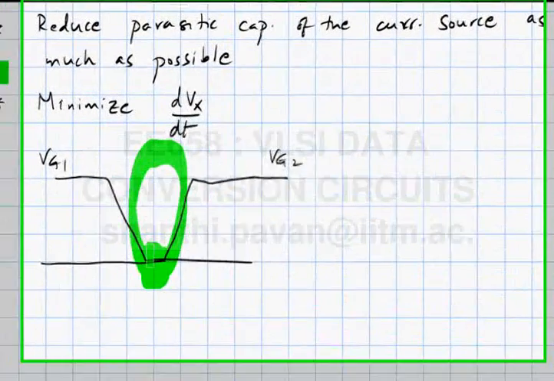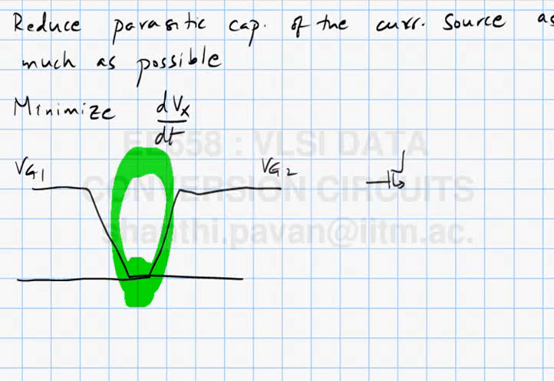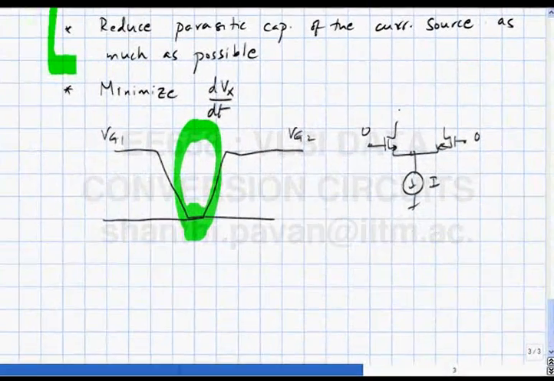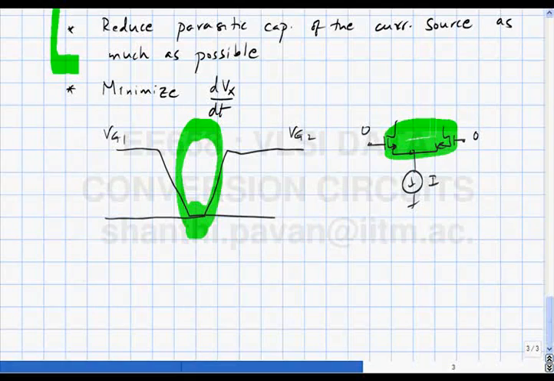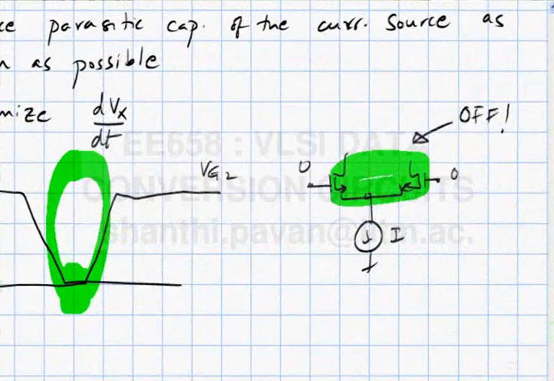So what do you think will happen to the tail current node here? Assume this goes all the way from 0 to VDD. If both gates are at 0, both these transistors are off at the same time.